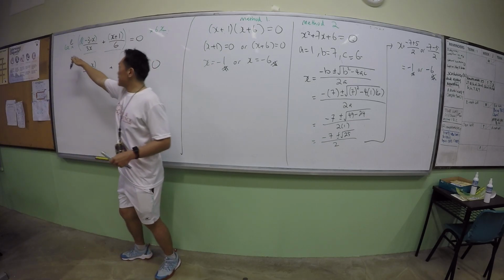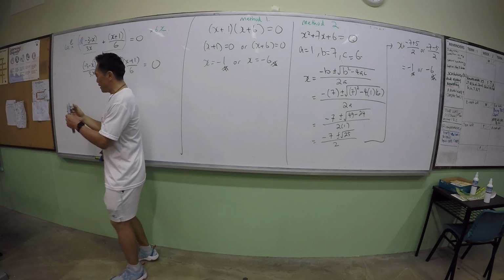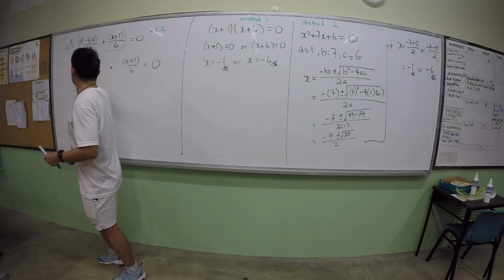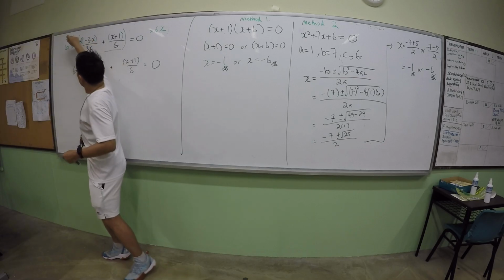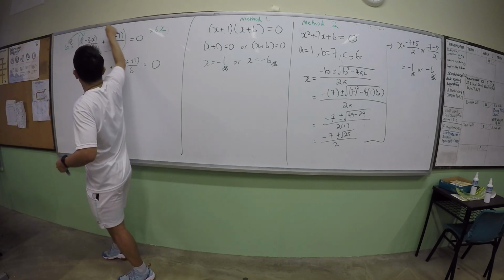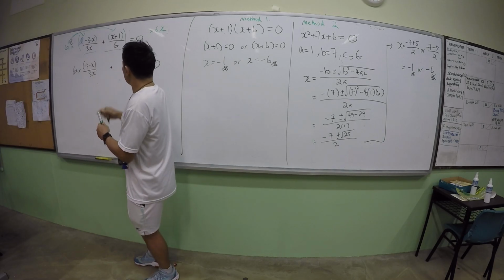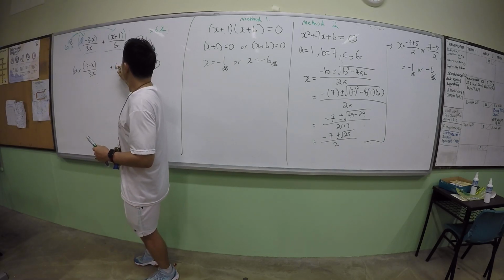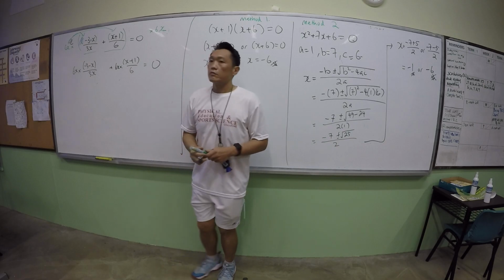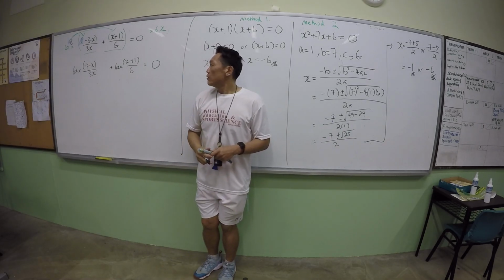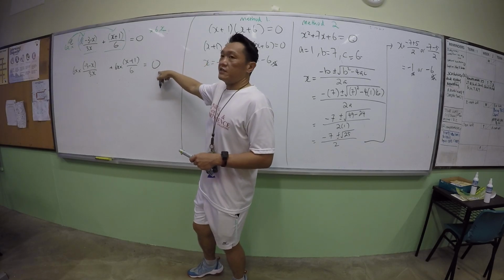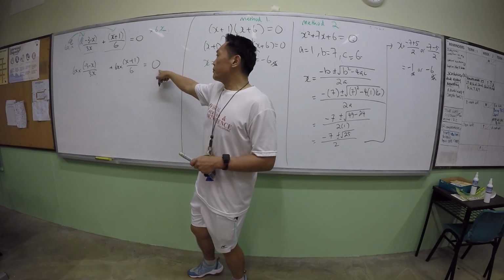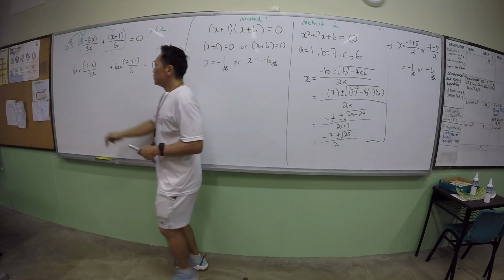When I multiply 6x to the entire left hand side, I will have 6x multiply the first term and then 6x multiply the second term. Right hand side 0 multiply 6x is still 0, because 0 multiply anything also 0.